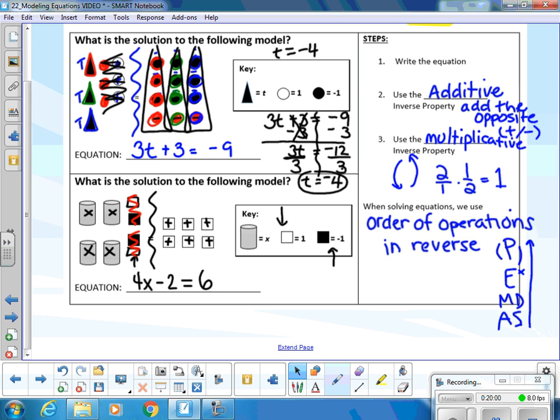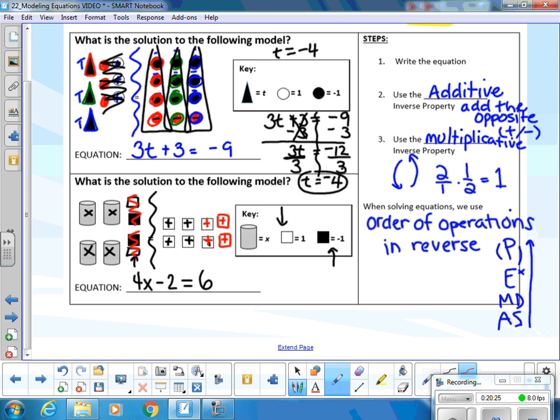Whatever I do to the one side, I have to do the same exact thing over here. I added 2 positives, so now I have to add 2 positives here. Now I'm left with 4 x's and I have 8 positives.